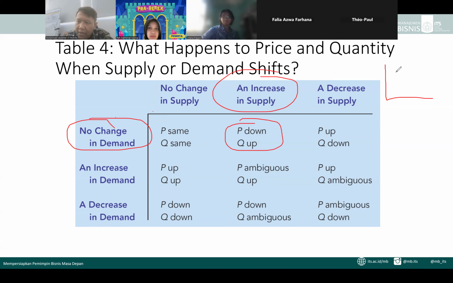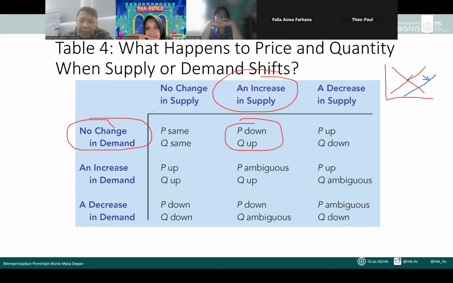So this is the demand, this is the supply, and then we have an increase in supply. When we have a supply increase, what will happen?